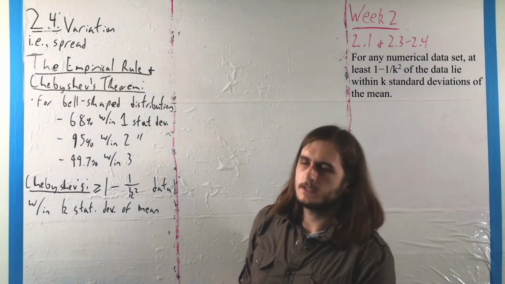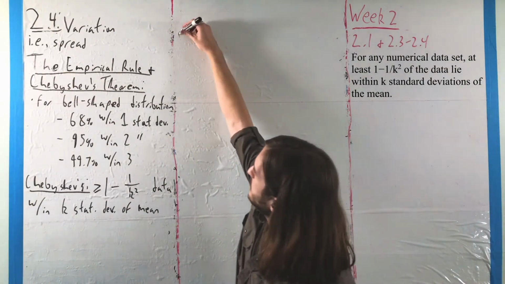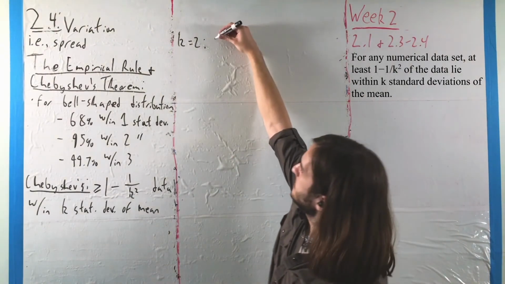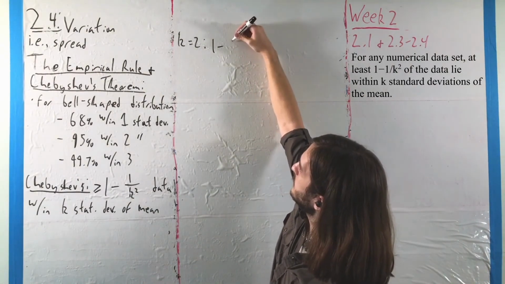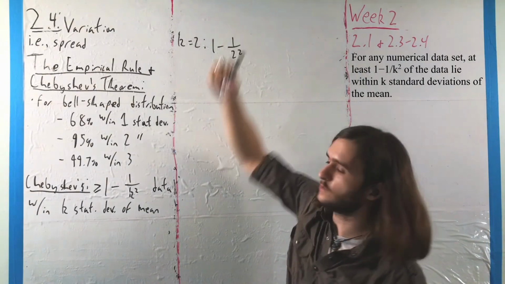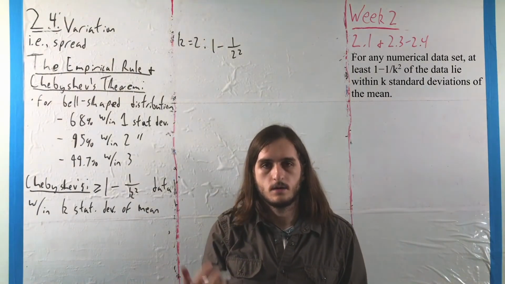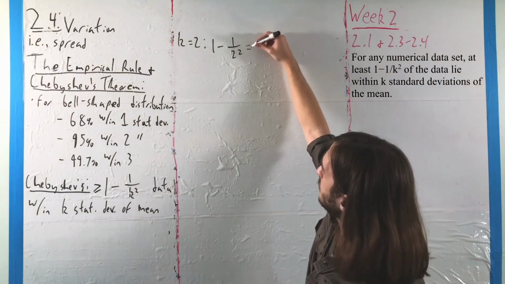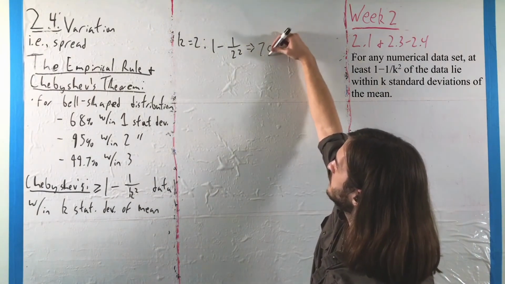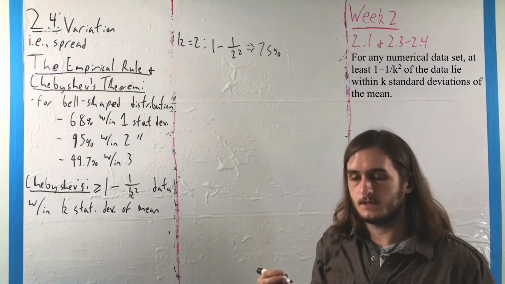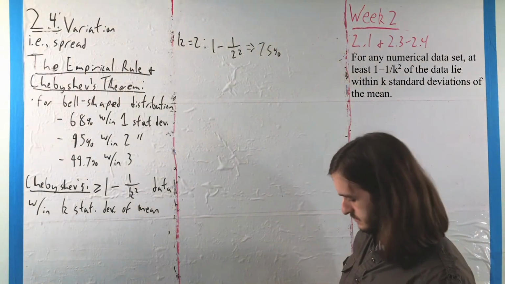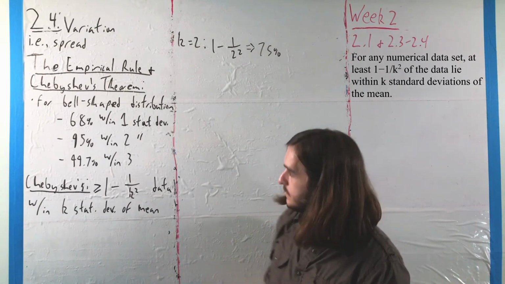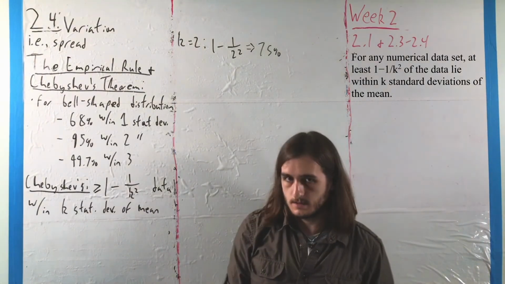So, for example, if we were to make k equal to 2, we could say that 1 minus 1 over 2 squared, as it were, of the data is within 2 standard deviations of the mean, or 75%. That is, at least 75% of the data is within 2 standard deviations of the mean.